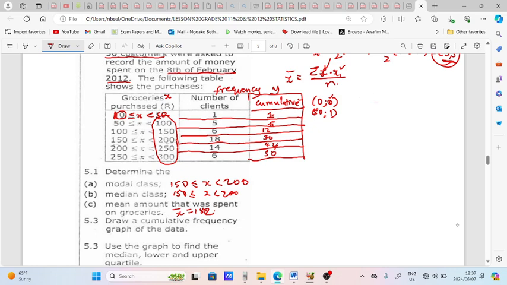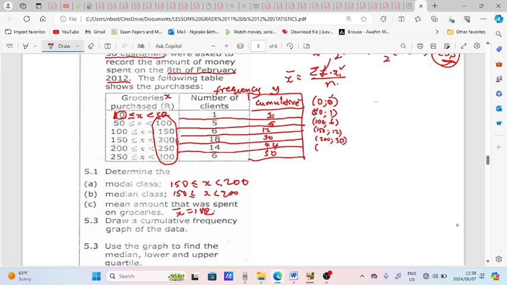So now the next one, you're buying 100 and 6. Okay? What are the line? 150 and 12. What are the line? 200 and 30.